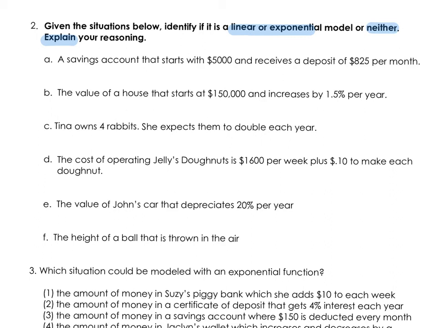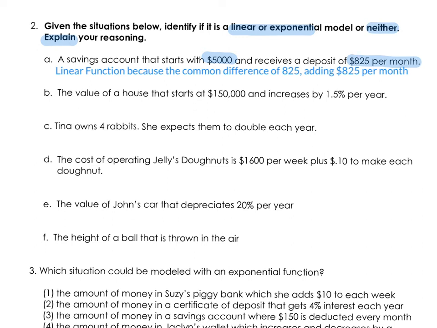So if I look here, I'll do the first two together. So a savings account starts off at $5,000 and receives a deposit of $825 per month. That means every month I'm adding $825. Adding that each month makes it a linear function. And that's because we have a common difference of $825, adding that $825 per month.